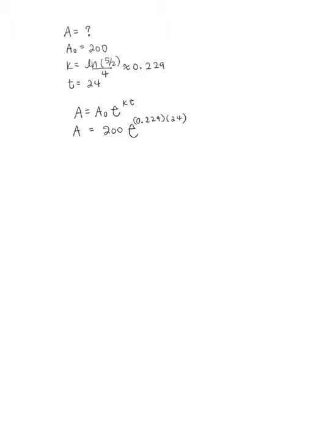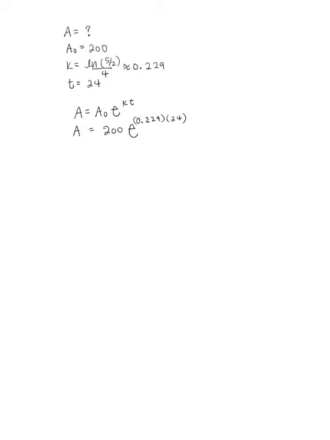Okay, now we need to type this in our calculator. Depending on what kind of calculator you have, your order of inputting might be a little bit different. But if you have a graphing calculator or scientific, you should be able to just type in 200, then times, and then find the e button. Mine is second ln, so that should give me e to the. Now you're going to have to type in 0.229 times 24.